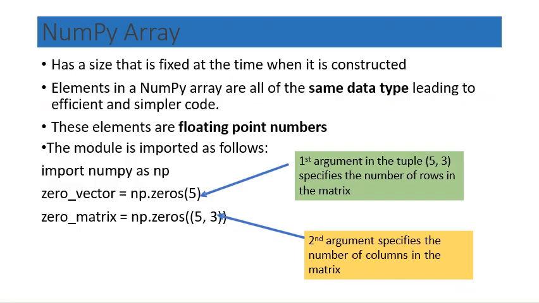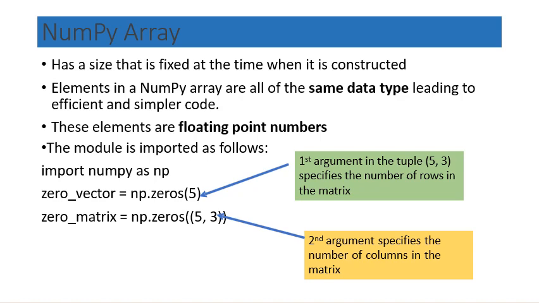So a NumPy array has a size that is fixed at the time when it's constructed. Elements in a NumPy array are all the same data type, which leads to efficient and simpler code. These elements are floating points. The module is imported as follows: import numpy as np, where 0_vectors is np.zeros(5).